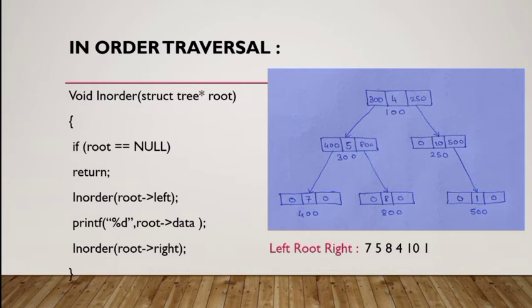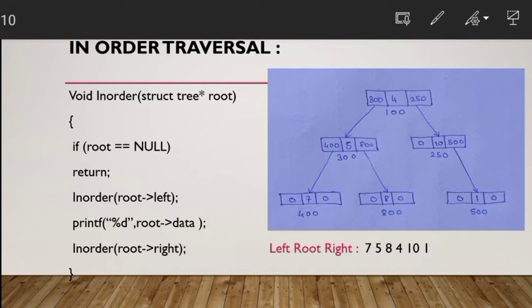If root equal to null, yes, condition true, and it returns to the 400, and then printf root of data. Now the root is 400. Now 400's data 7 is printed. Inorder of root of right, now root is 400 and 400's right is 0.